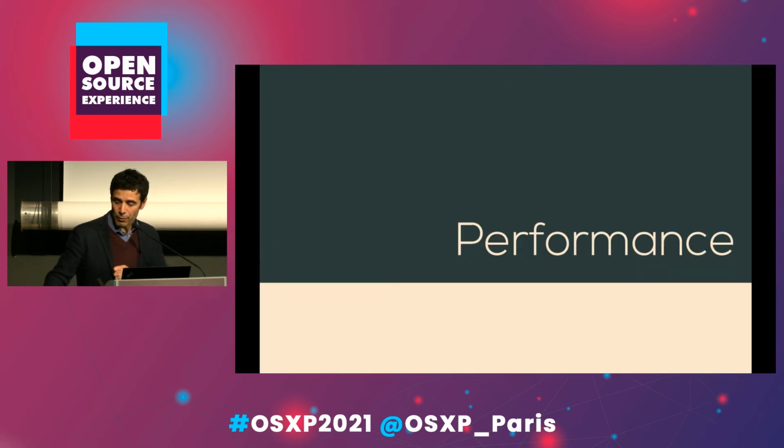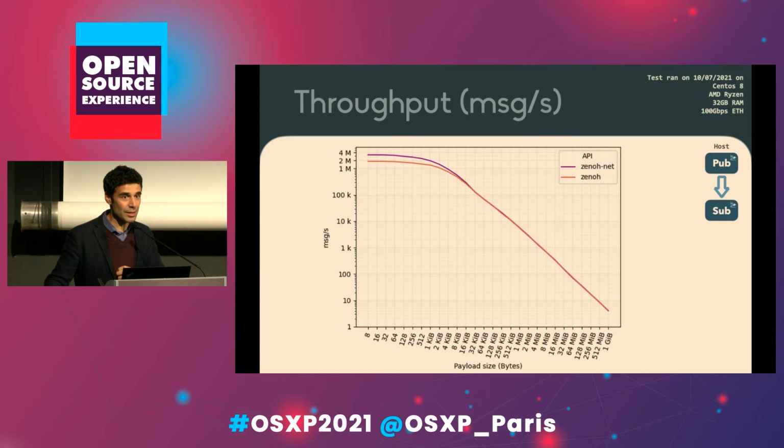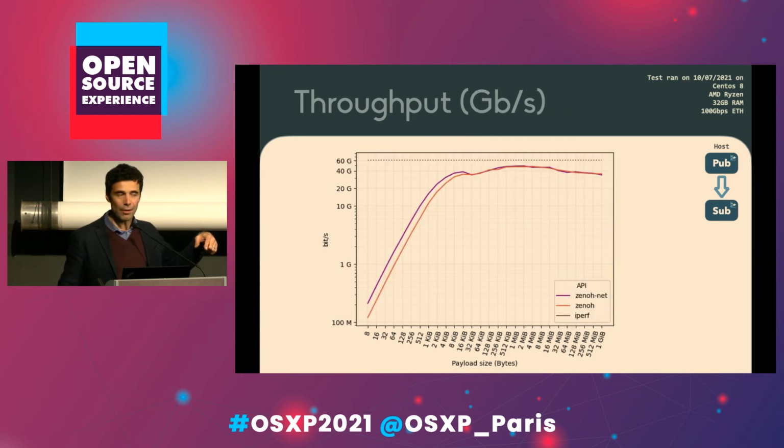In terms of raw performance, because it's not just wire efficient, it's extremely performant. These are the number of messages per second over a 100 megabit per second network running on top of IP. So you see we hit 4 million messages per second, but a more interesting diagram is this one.